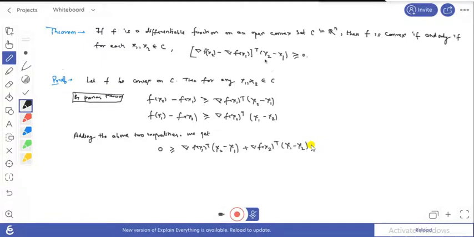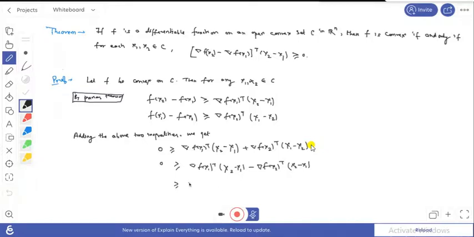Here the vector is x2 minus x1, but there it is x1 minus x2. So this can be rewritten with a minus sign: the vector is x2 minus x1 in both terms.